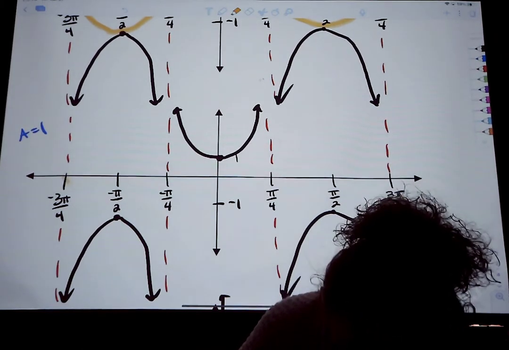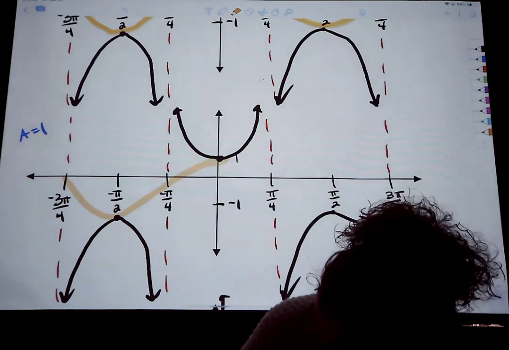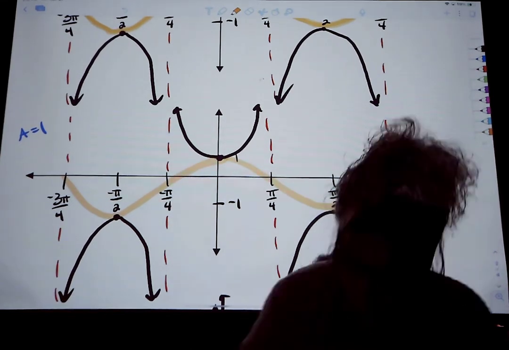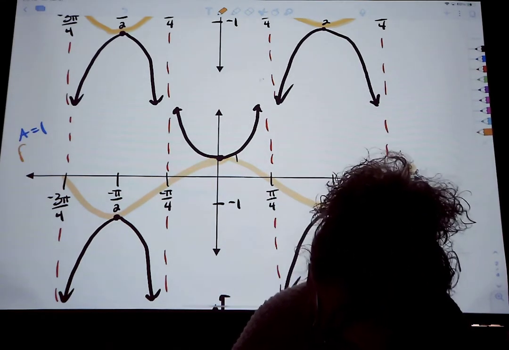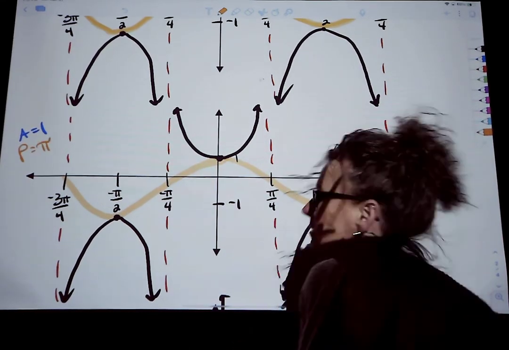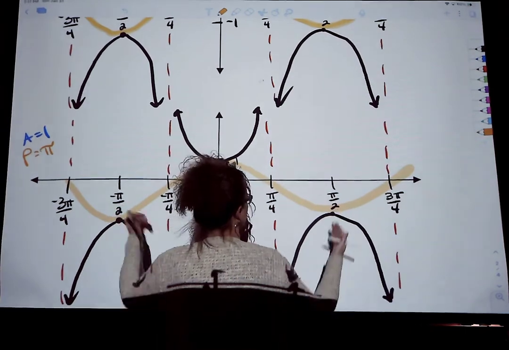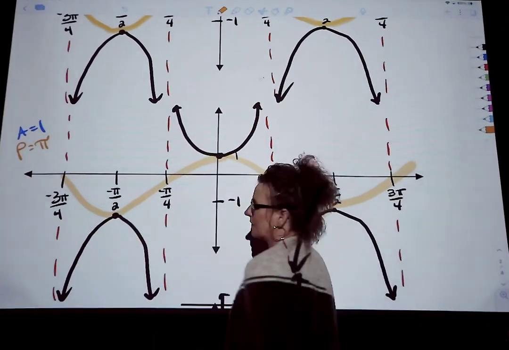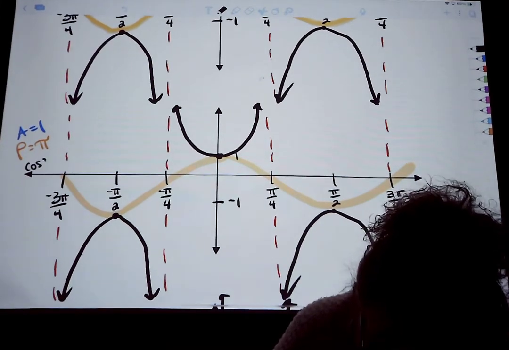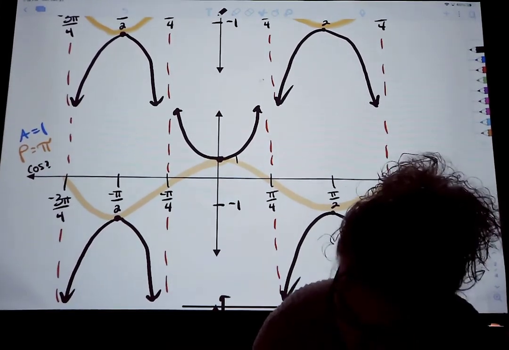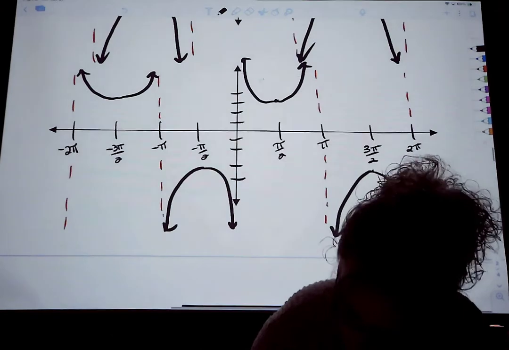I got to draw it. Well, I think that's the same. From here to here, looks kind of like cosine. It could be a sine with a shift, but looks kind of like cosine. And the last one.